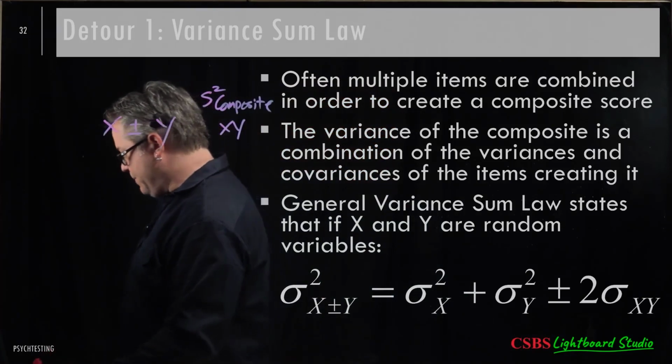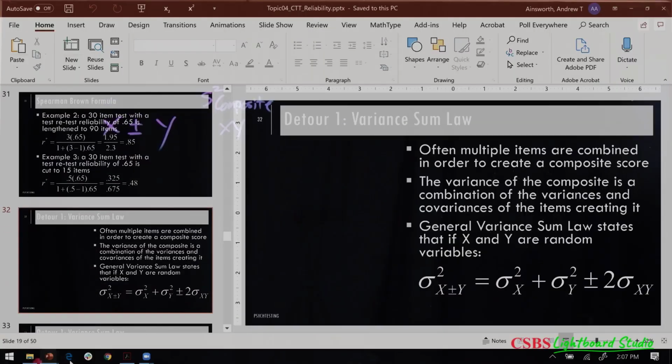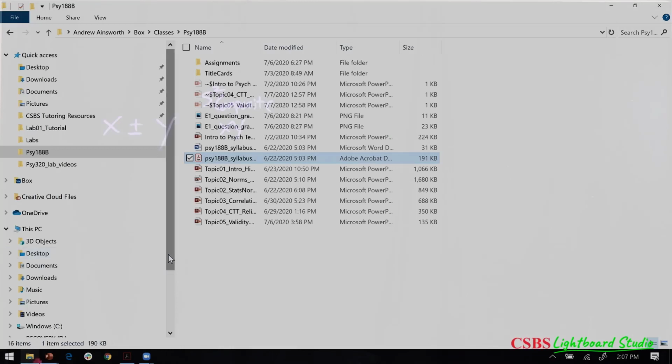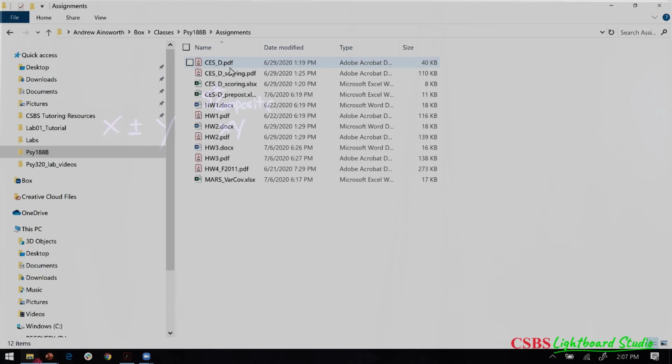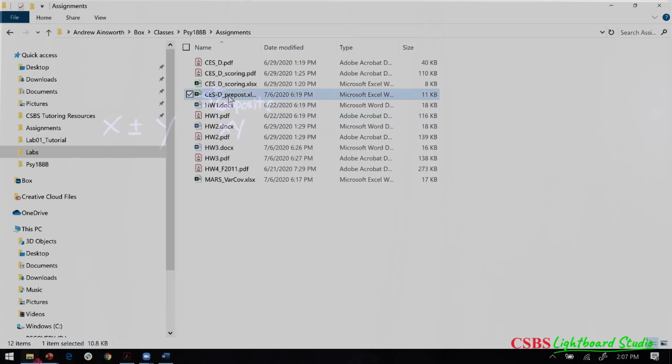Here, let's do this. Let's look at the assignments. The one I just did was 3. Actually, this is what I want, pre-post.